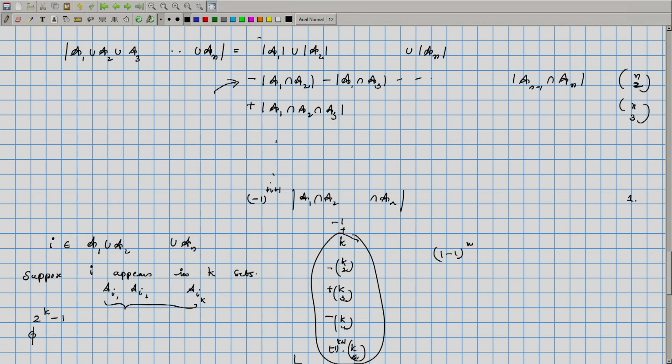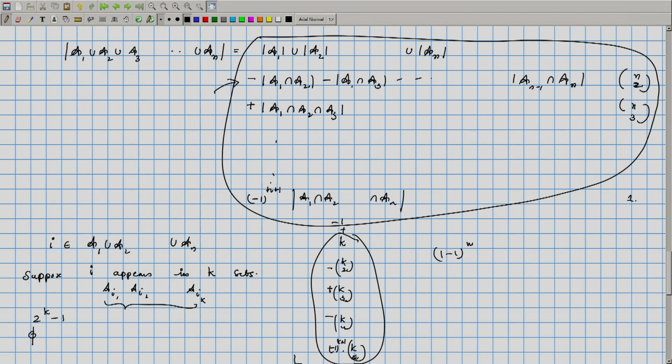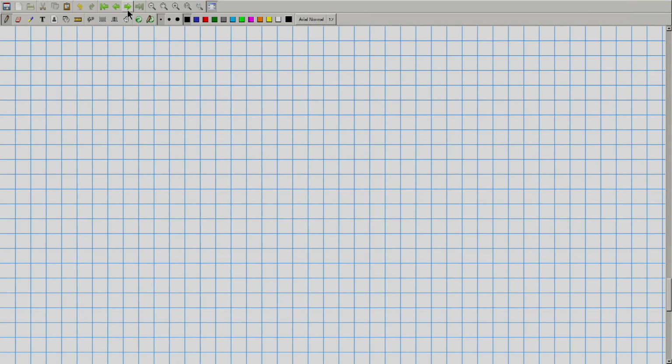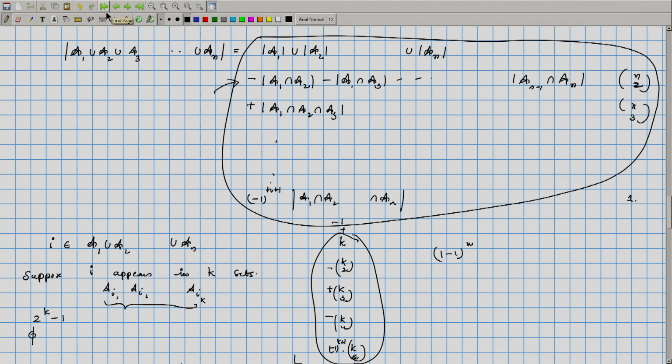Now, what we need to look at is how we can write this large expression in a nicer format. So, what are we really doing here? There are roughly 2 to the n subsets, except the empty subset, of 1 to n; every other subset is appearing here.